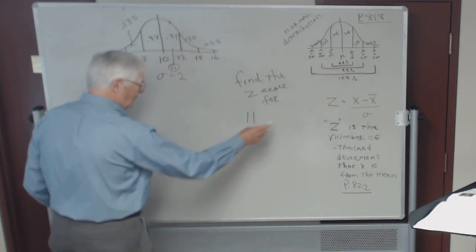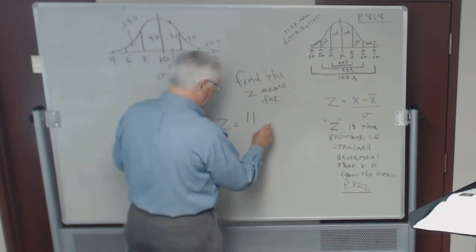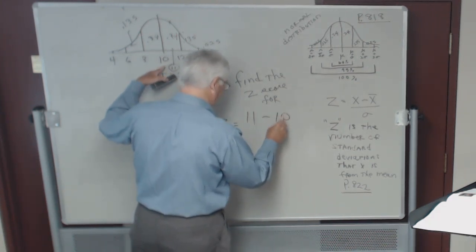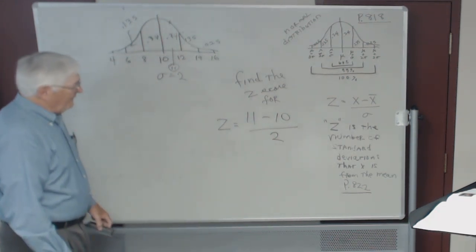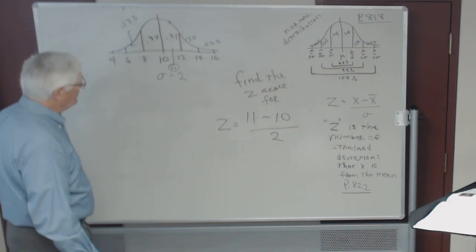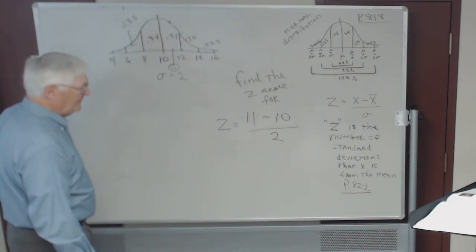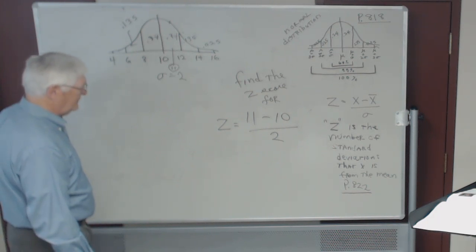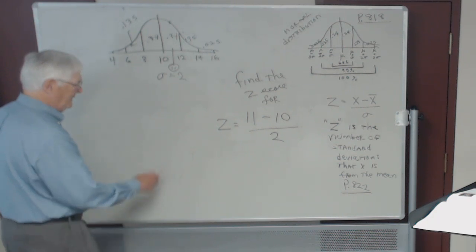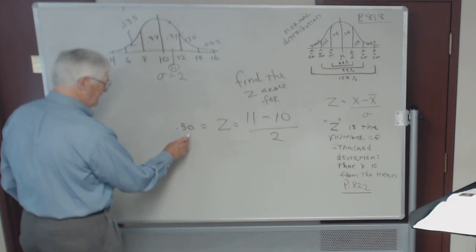I take the score, 11, minus the mean, which was 10, divided by the standard deviation, which is 2. So, what does that say? 11 minus 10 divided by 2 would be what? 0.5? Is that right?